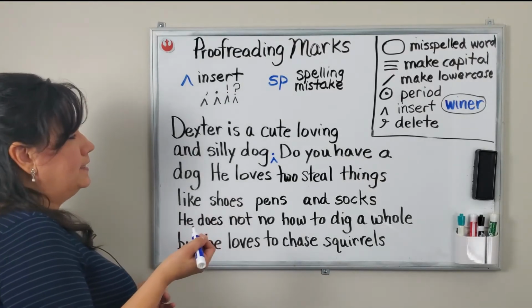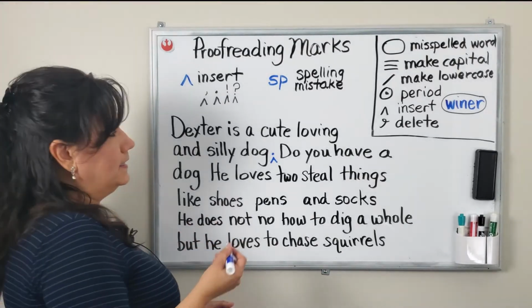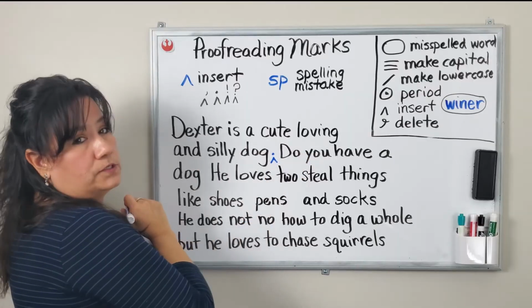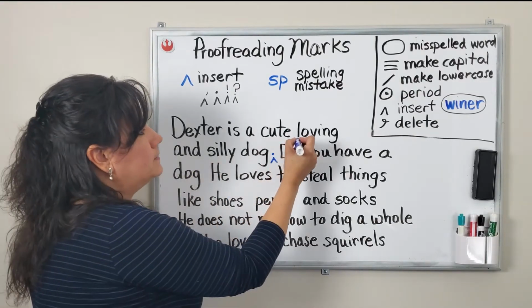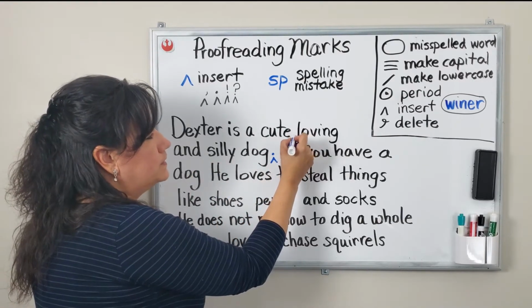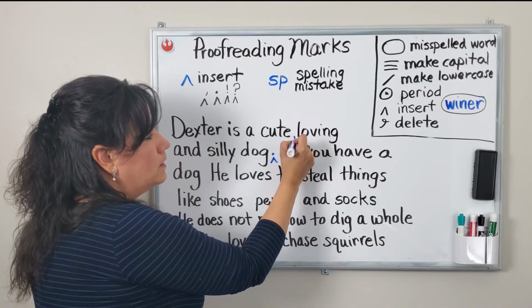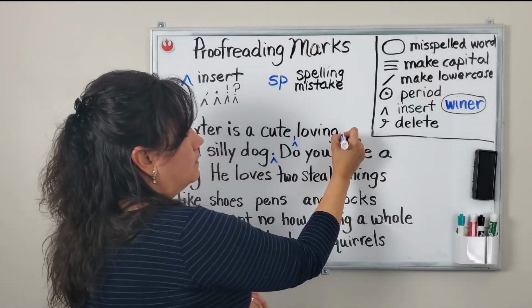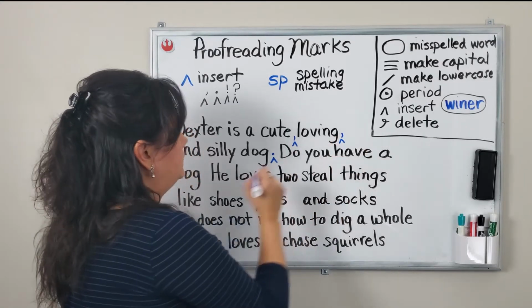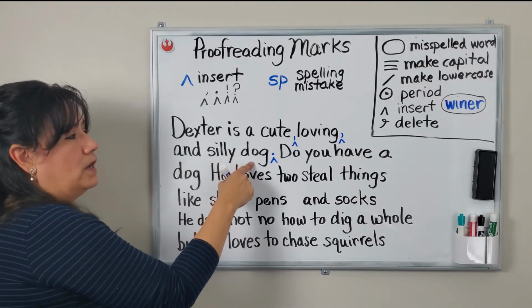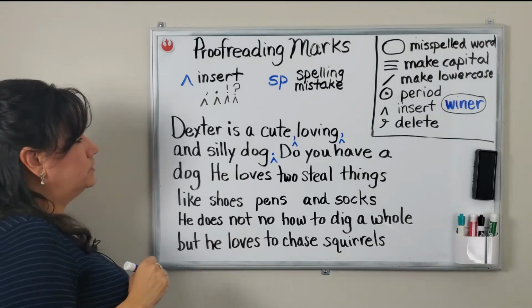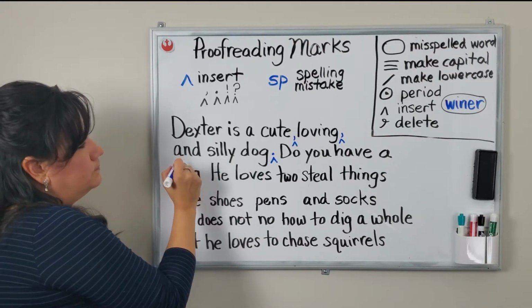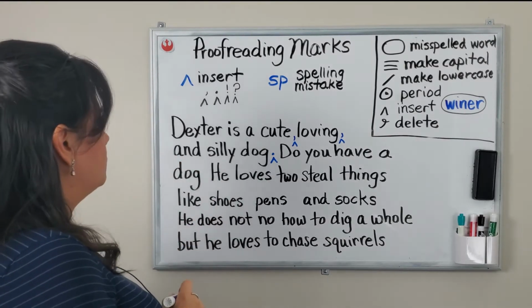He is cute, he is loving, and he is silly. So I need to insert commas, because commas will separate these for us. Cute, comma, the insert, loving, comma, insert, and silly dog. So we needed to insert some commas there.